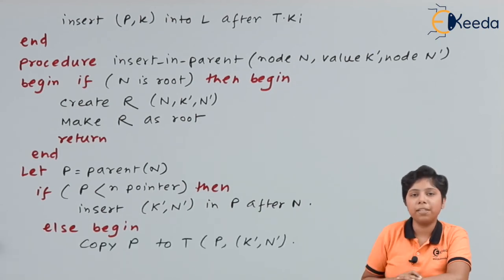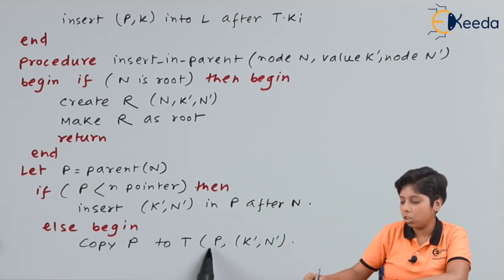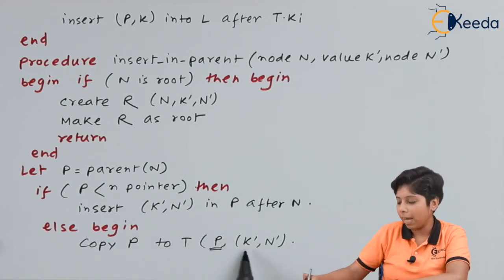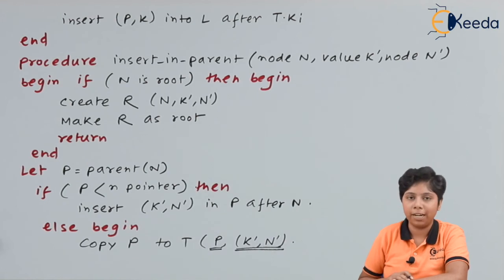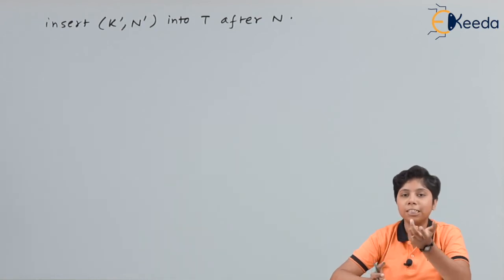Now we need to copy the entire content of P to a block of memory T, which can hold P as well as the pair K', n'. Now in T, after n, we insert this K', n', since T has space. So now T becomes my new split-up node.